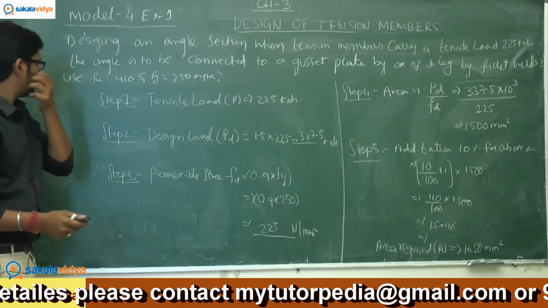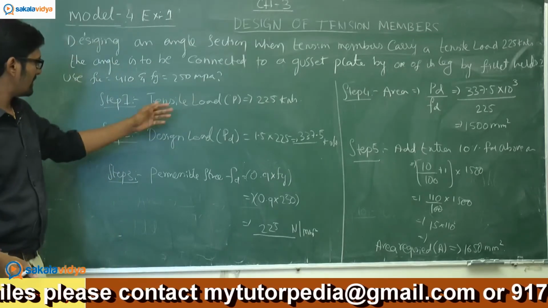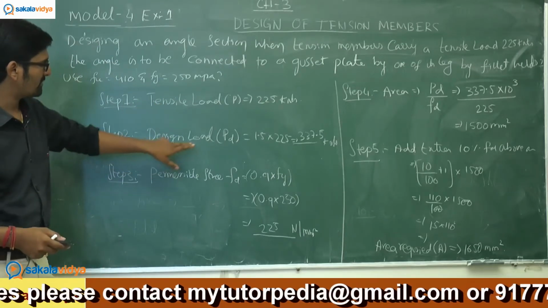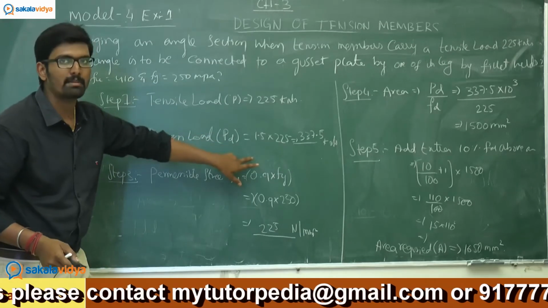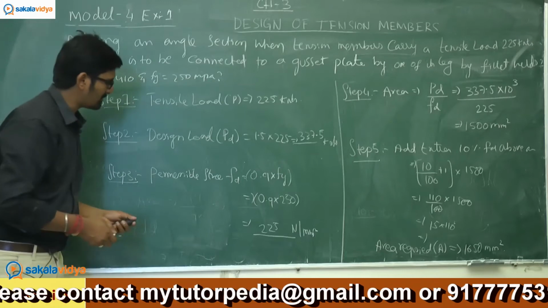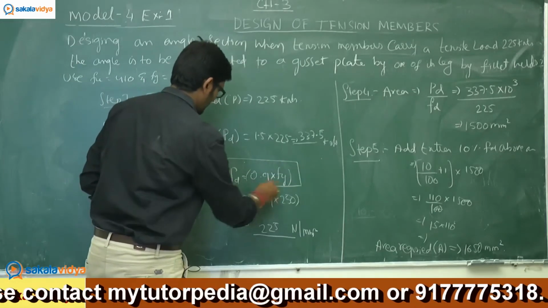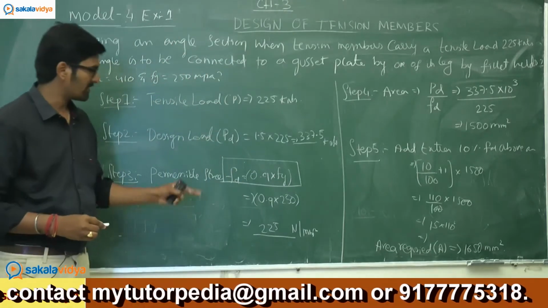So far we have found the tensile load which is given in the question. Then step 2, the design load: we multiply the given tensile load by 1.5. Step 3, permissible stress: Fd is equal to 0.9 into Fy, where Fy is yield stress.